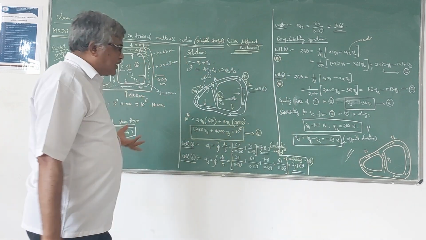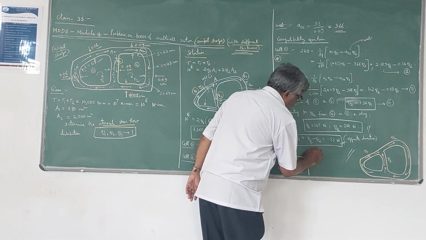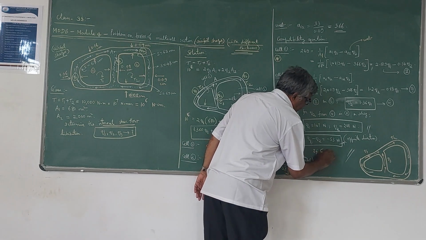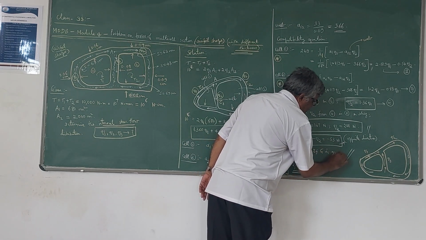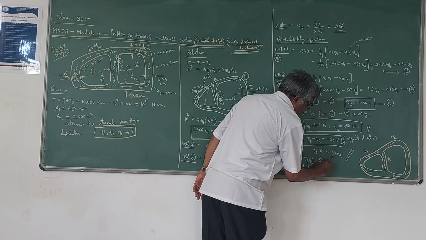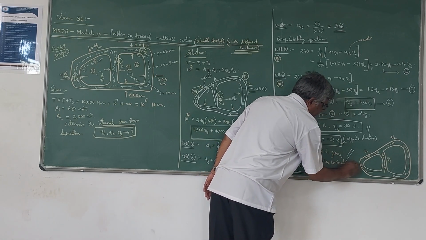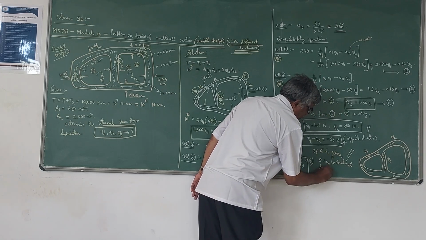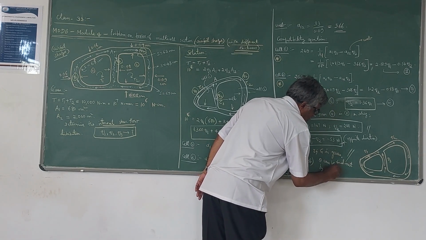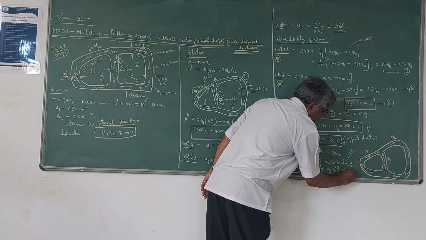Here, he has not asked for that, but anyway, I can write that if G, the rigidity modulus, is given, theta can be found out either by using equation 2 or equation 3.